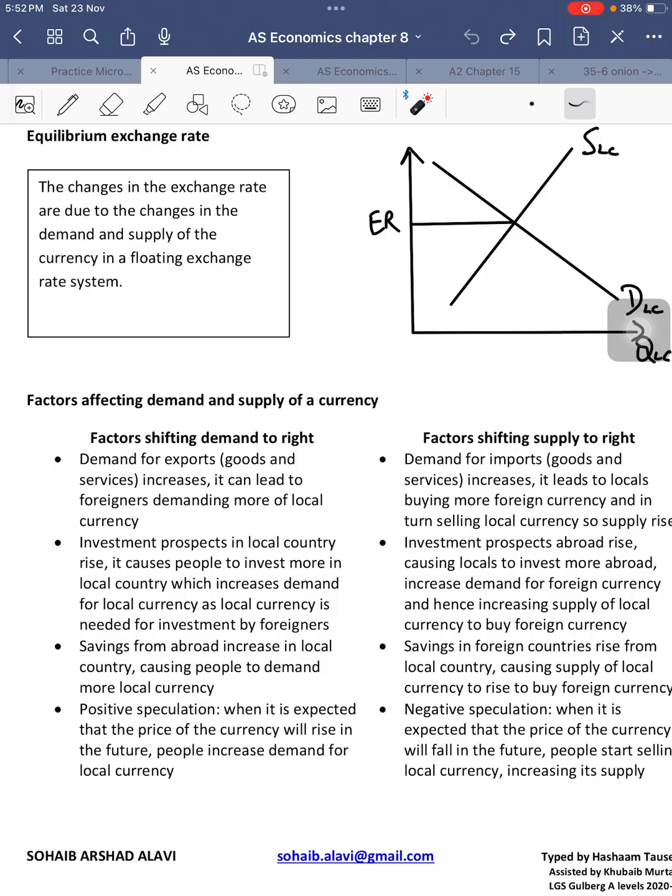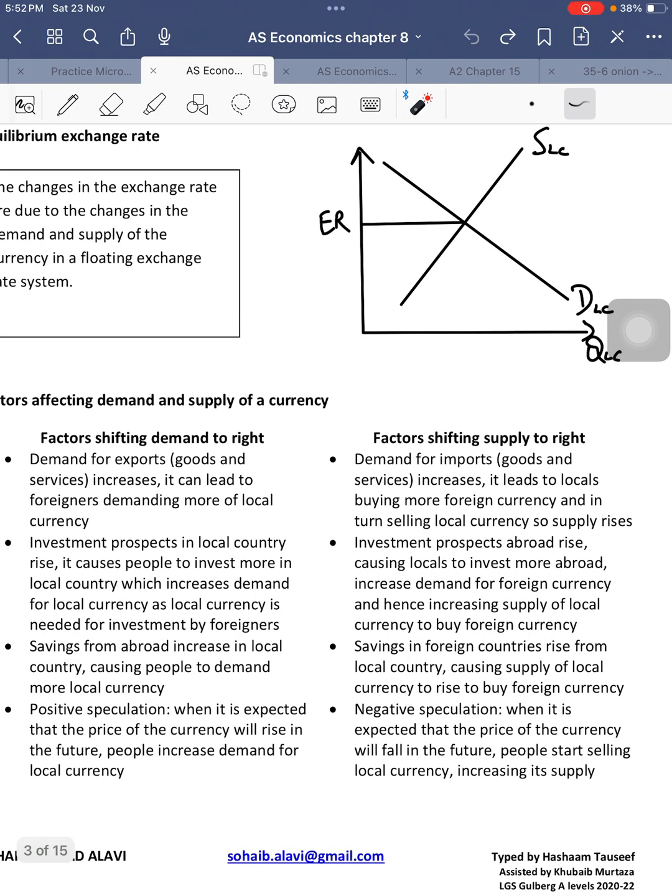Now, what are the factors that cause the supply of the local currency to shift? Opposite factors. If the demand for our exports leads to an increase in the demand for the local currency, that means an increase in the demand for imports will lead to an increase in the supply of the local currency. Why? Remember, supply of the local currency increases when we want to buy foreign currency.